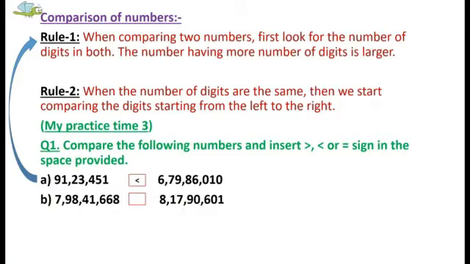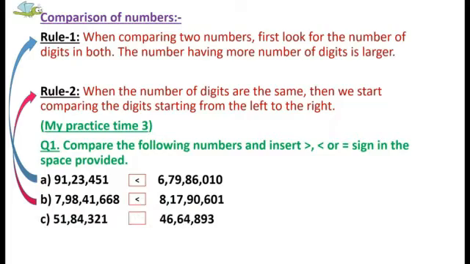So tell me which rule we will follow here. The second rule will be followed, and we start comparing from the left hand side. The first digit of the first number is 7, and the first digit of the second number is 8. So we put the sign here as the second number is greater.